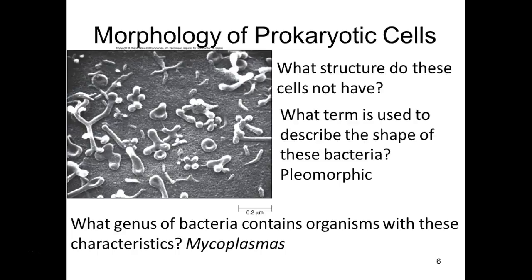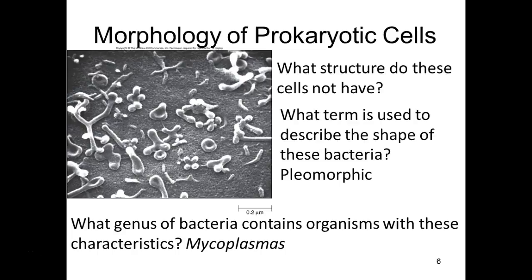Mycoplasma pneumoniae causes a mild form of pneumonia. See how they're stretched out? So this almost looks like hyphae that you would see under the microscope for mold, but it's not.